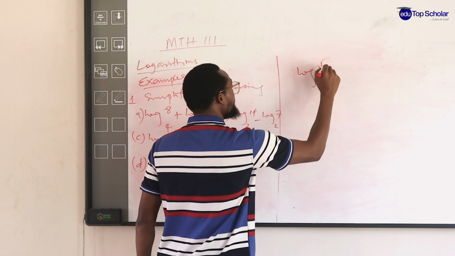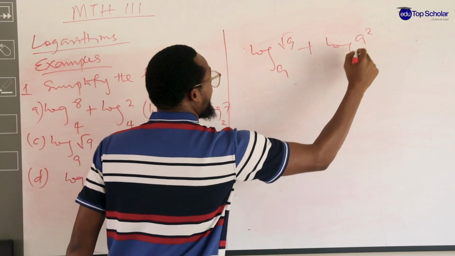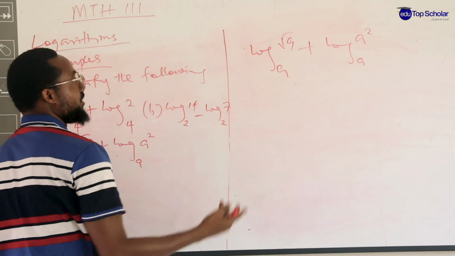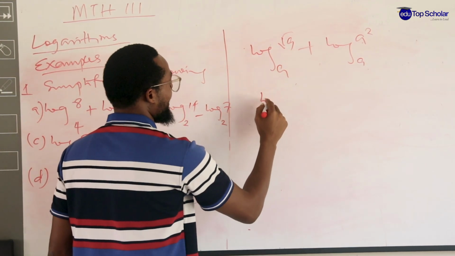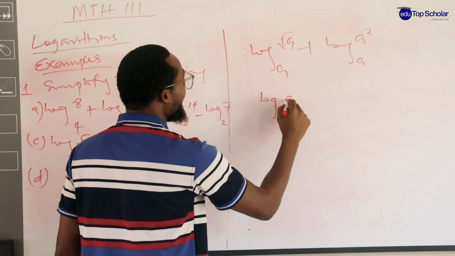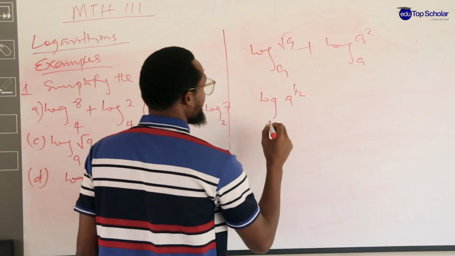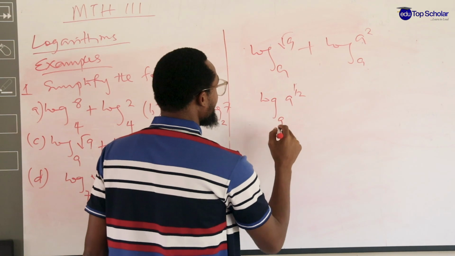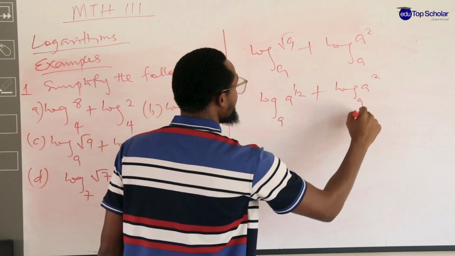Log root a base a plus log a squared base a, because we have common base, we can also multiply. But don't forget, this square root here, we can rewrite in its initial form, since the square root means a to the power 1 over 2, and we have log a squared base a.